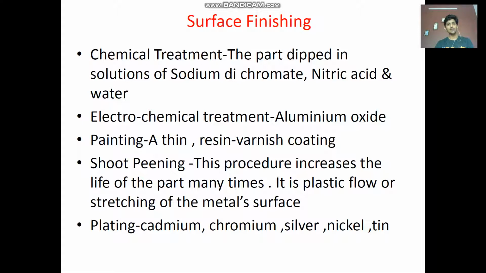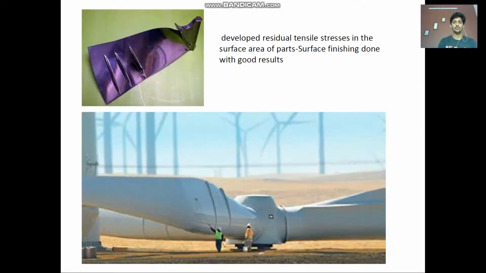And the last one, which we can use for gas turbine components, is plating using cadmium, chromium, silver, nickel, and tin. So these are the different methods which we can use to give a good surface finish, which together help us to have good performance as well as life of that component.